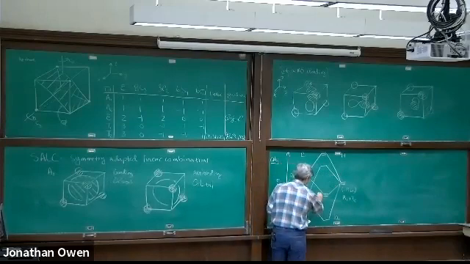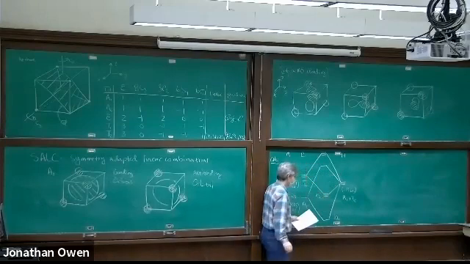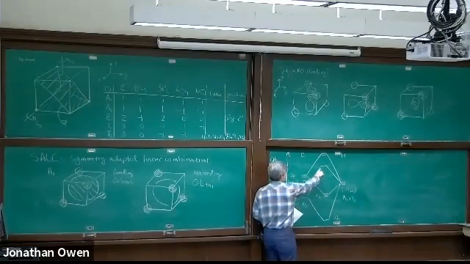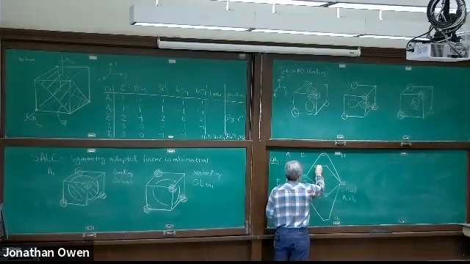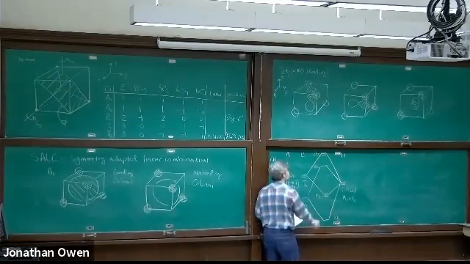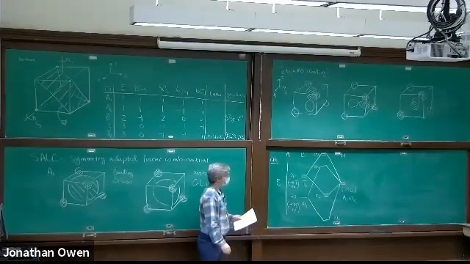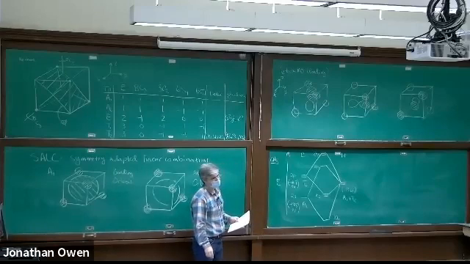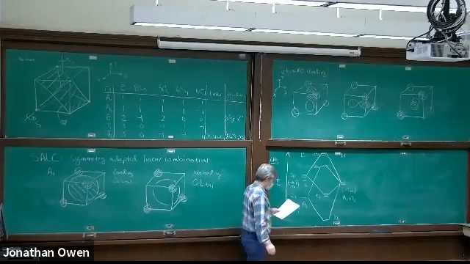This here is 1T2. This is 2A1. And this is 2T2. Those are the symmetries of the molecular orbitals we're making.